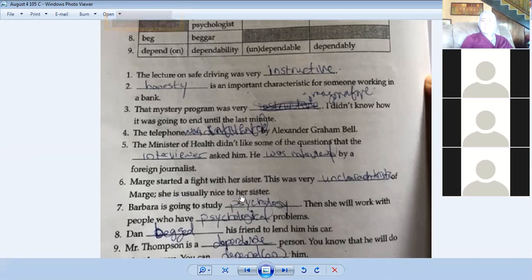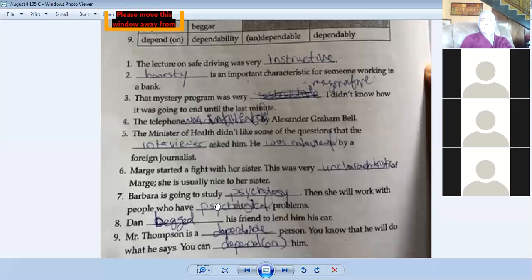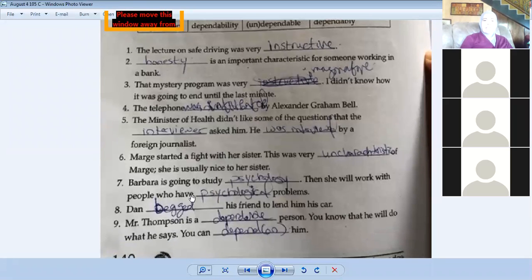She is usually nice to her sister. Uncharacteristic means what, guys? Not from her usual characteristics, not something she does constantly. All right? So this was very uncharacteristic of Marge. Why? Because she is usually nice to her sister. I wonder what her sister did to have Marge be angry with her like that.